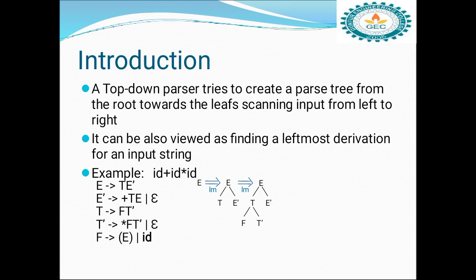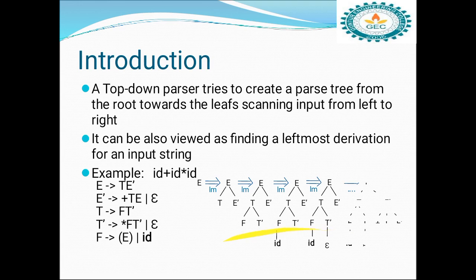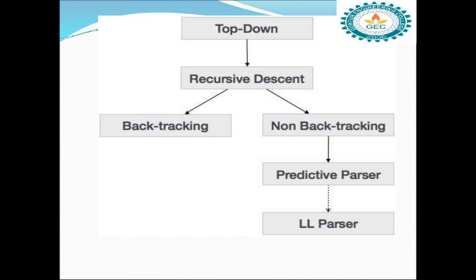Next, T is replaced with FT dash. Next, F is replaced with ID. Next, T dash tends to epsilon. Next, E dash tends to plus TE dash.